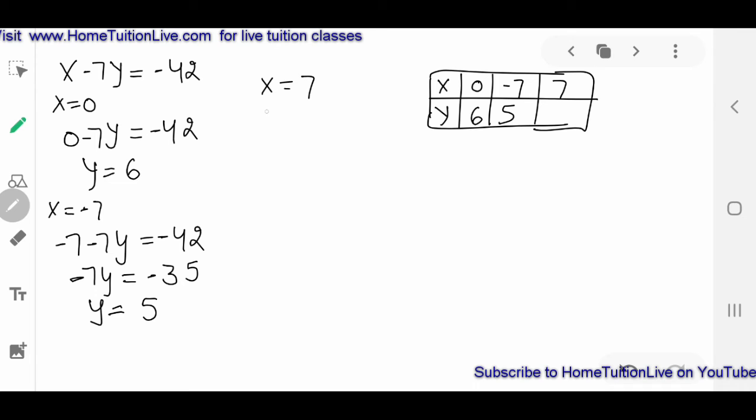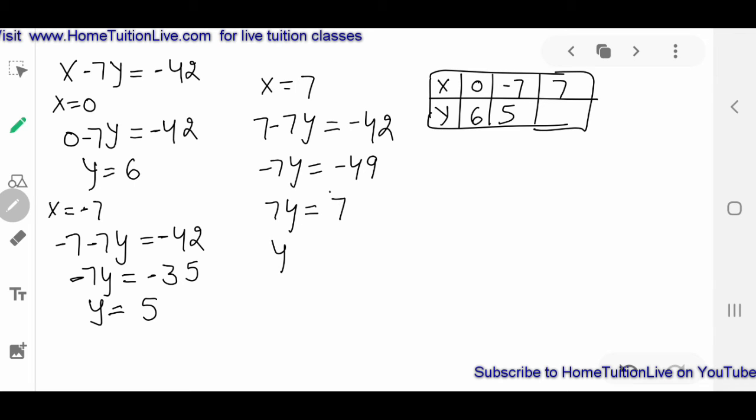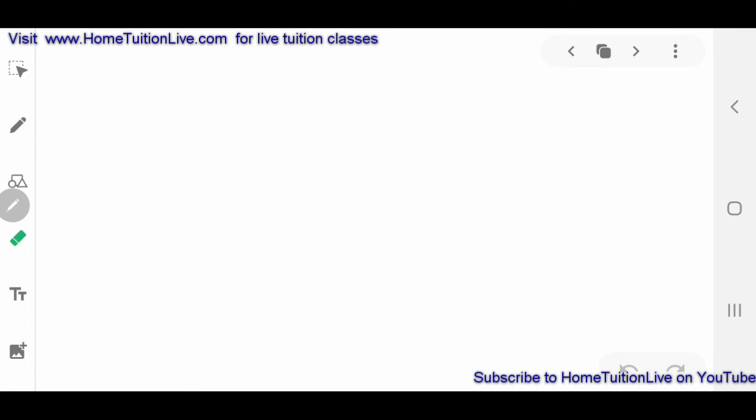So for x equal to 7, 7 minus 7y equals minus 42. So minus 7y equals minus 42 minus 7, which is minus 49. So y becomes 7. So y value is 7. This is for our first equation.